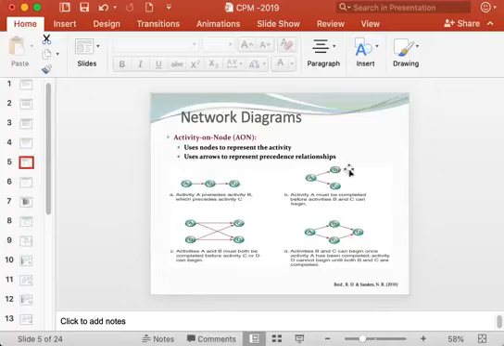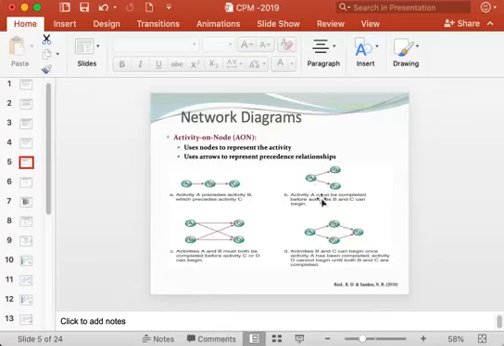So if you take another example here, you can see this network is showing the relationship between three activities A, B and C, such that both activity B and C are preceded by activity A, or in other words, for activity B and C to start, activity A must be completed.